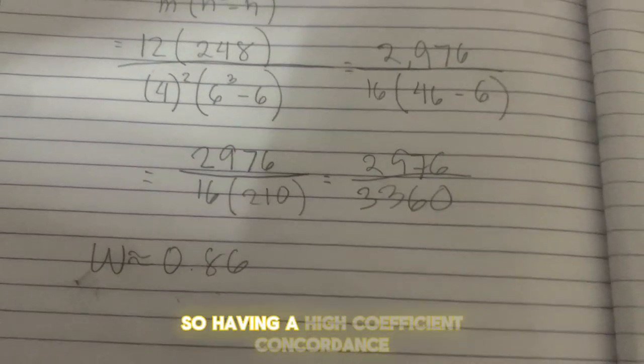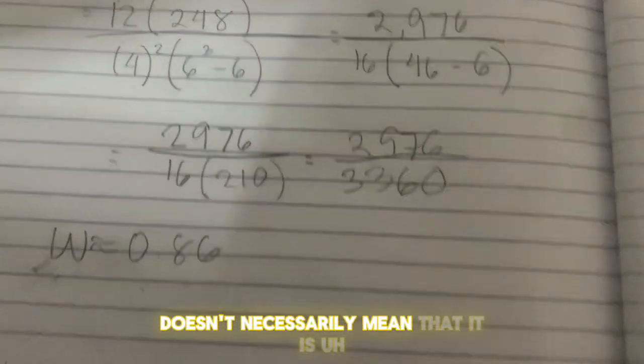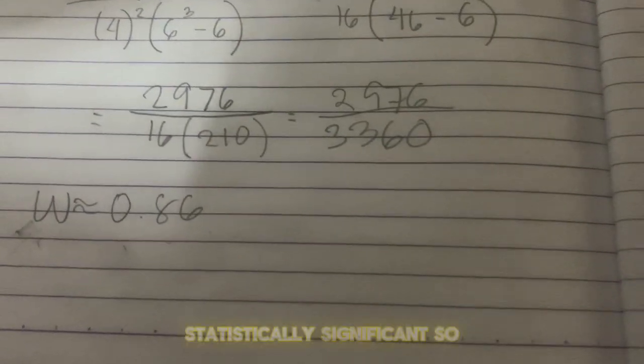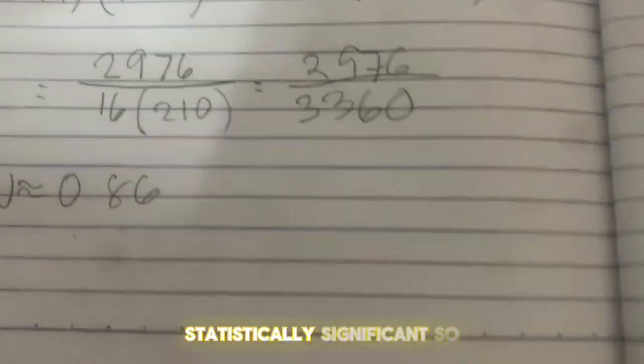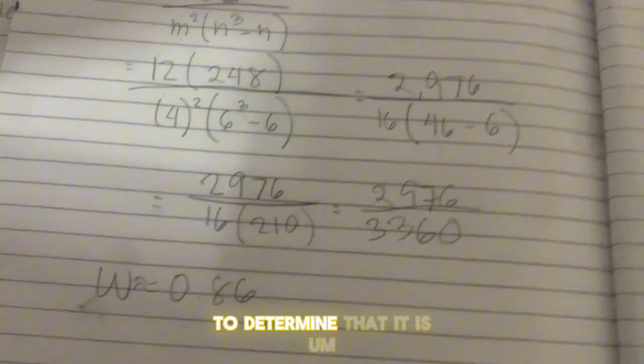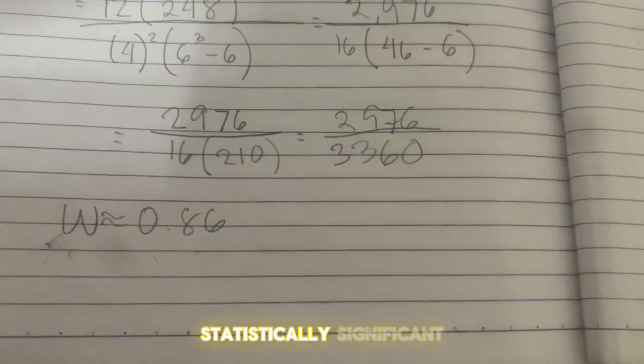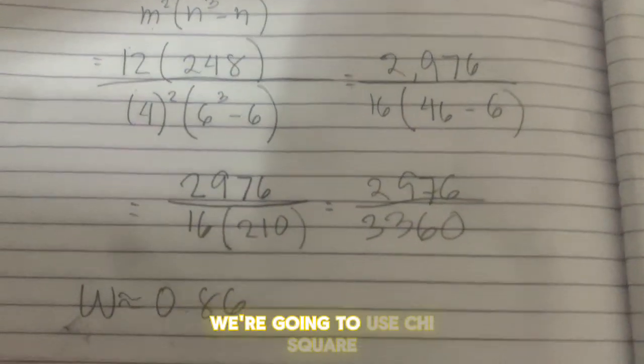Having a high coefficient of concordance doesn't necessarily mean that it is statistically significant. So to determine if it is statistically significant, we're going to use chi-square.